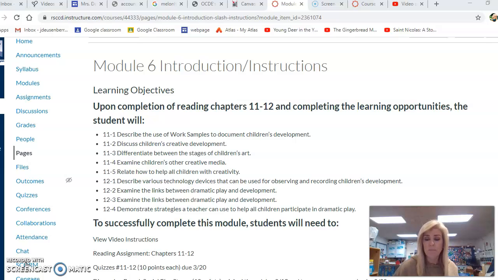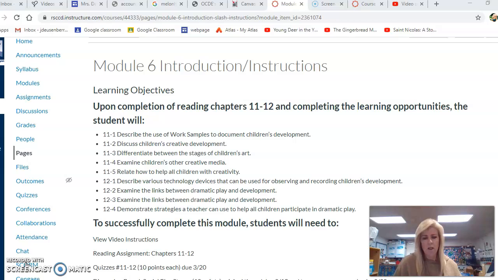To name a few: language, expression, social development, emotional development, cognitive development, attention span, physical development, just to name a few. So make sure you check out that circle map. It has all different development that is actually revealed within these work samples.